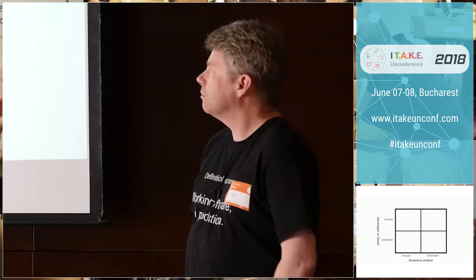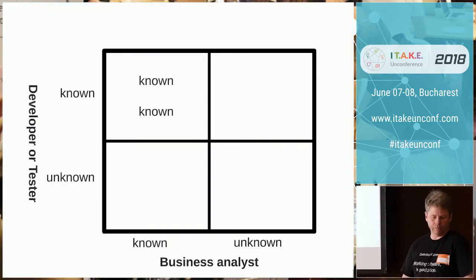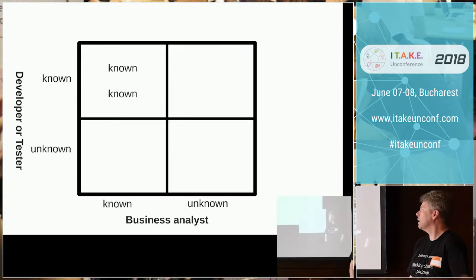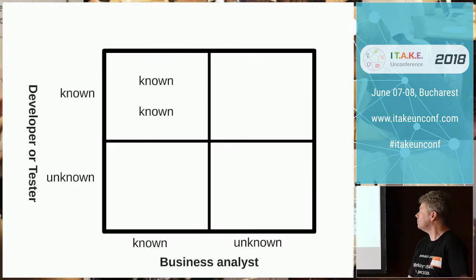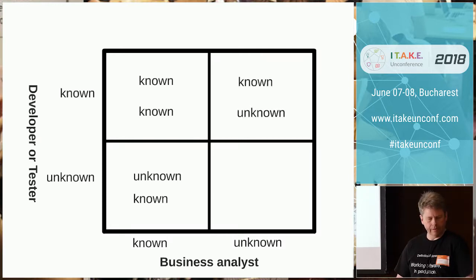Here, try to put this into some kind of graph. There is one area where everyone knows about the problem. Both testers, developers, and business analysts. There are areas where the tester or developer doesn't know anything about this, but the business analyst knows it. There are also areas where the business analyst hasn't a clue, but a developer knows.